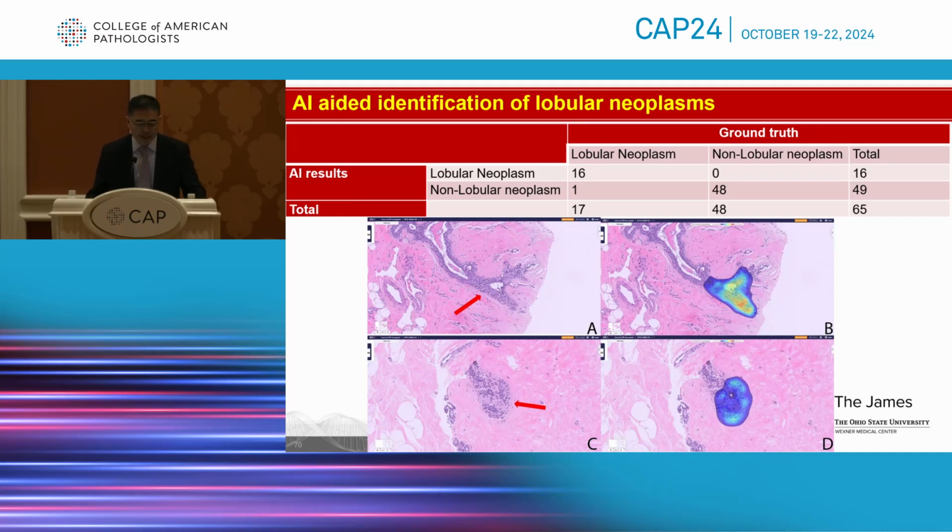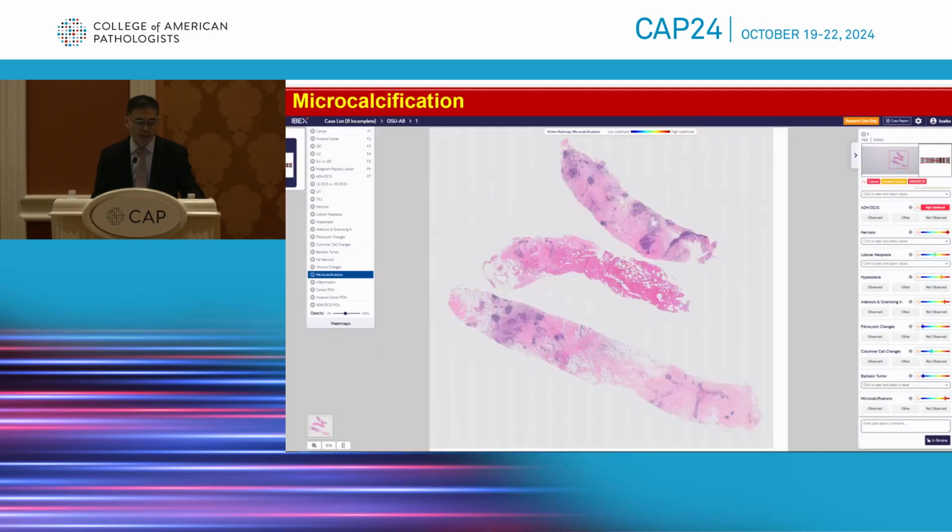During our validation, we found one case was missed by the AI algorithm based on at least moderate or high probability. But when we look at this case, it's down here. It was highlighted by the AI algorithm just with a low probability, that's the blue color. So during pathologist review, this very small ALH was identified as well.